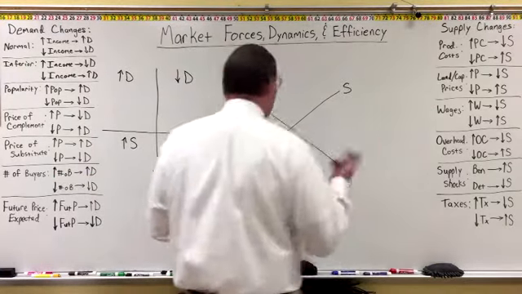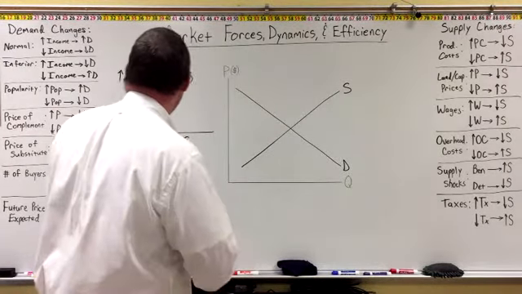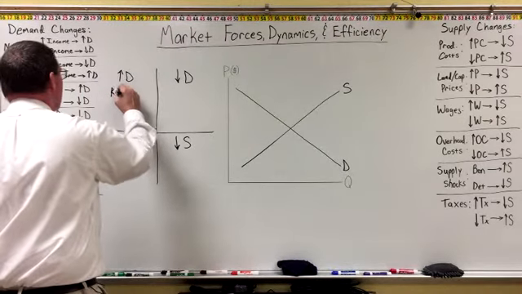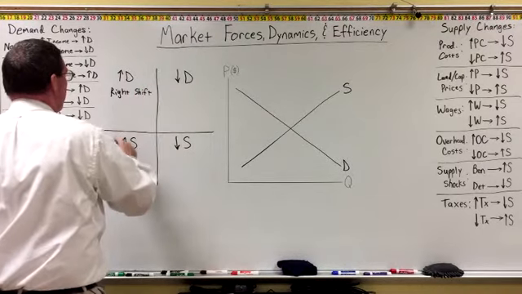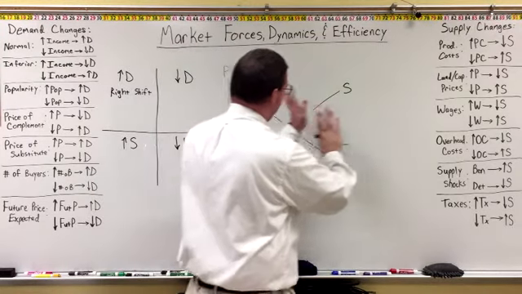One of the things that we learned in the last lesson is that an increase in demand results in a right shift of the demand curve. And so this demand curve is going to shift to the right.